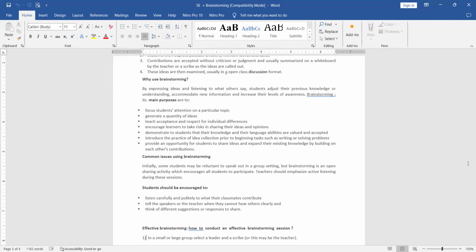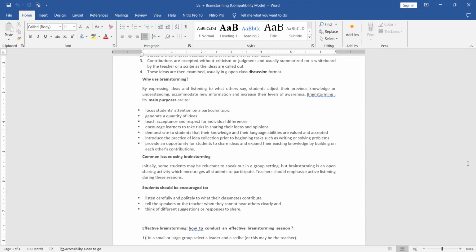In the discussion, you sort it out: relevant, irrelevant, prioritize most important, least important, and then agreed, not agreed. Like that, feedback is given after the brainstorming only. During the brainstorming, feedback is withheld. Feedback is not given. You get my point?